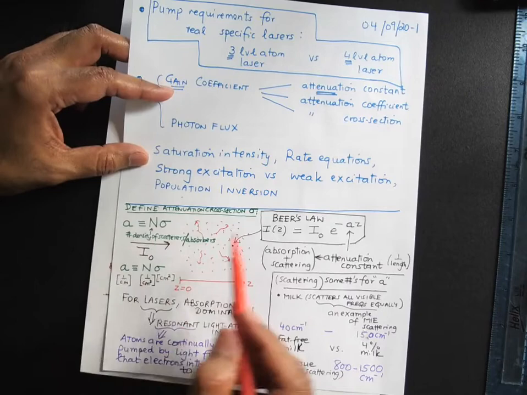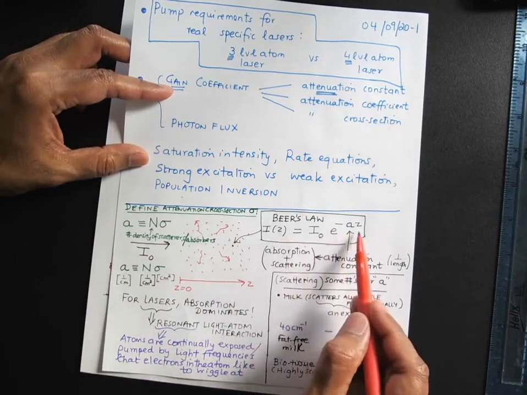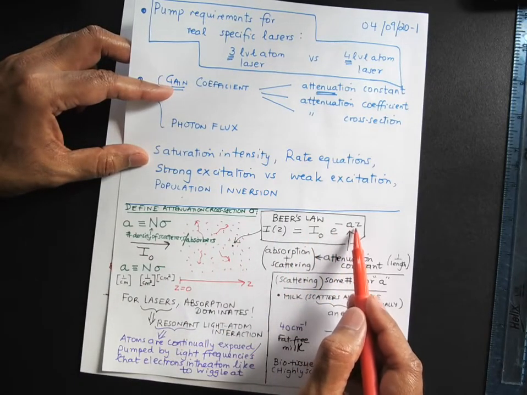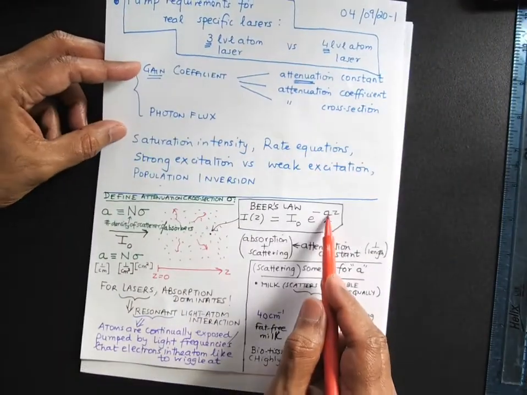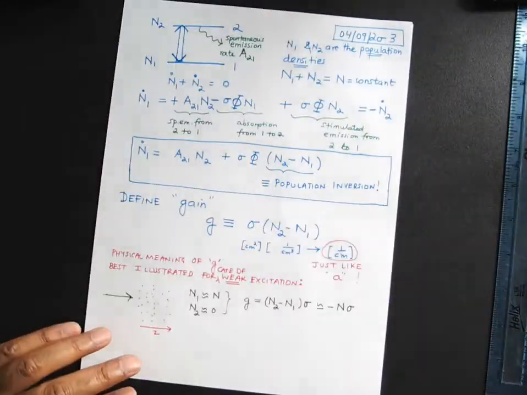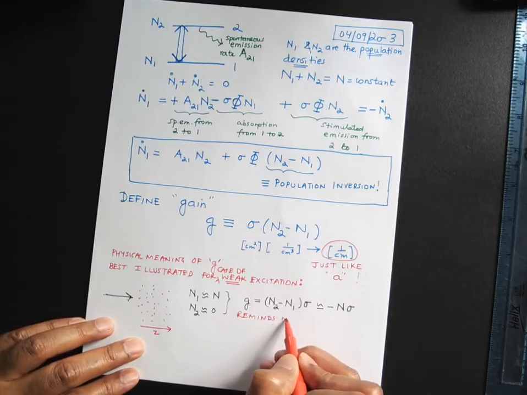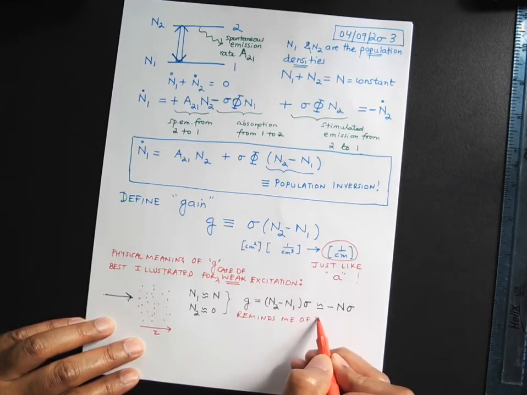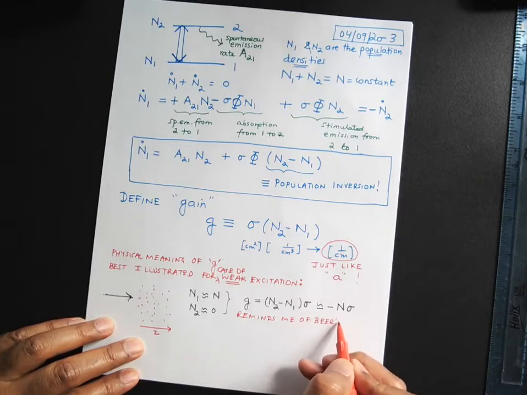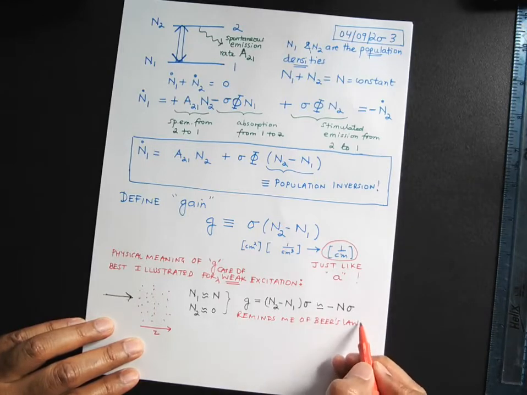So this reminds me, here it is, right? N sigma. In fact, there's Beer's law, e to the minus N sigma Z, right? So this reminds me of Beer's law. And what was Beer's law?